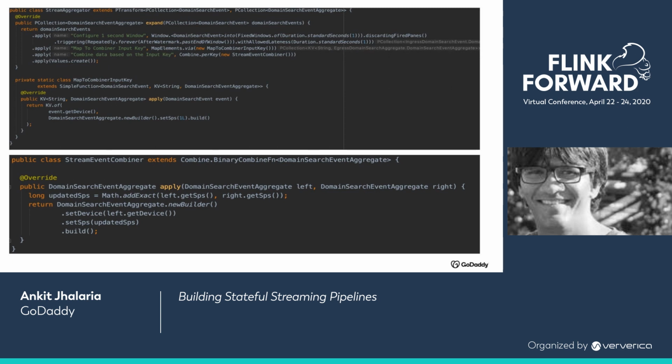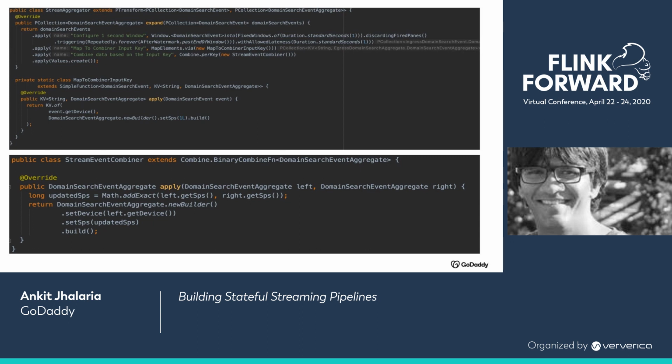Once you do a combine operation on Flink, you get an output saying how many searches are happening per second. That acts as a business metric for us to keep track of how many domain searches are happening per second, as an example, to figure out the health of the system. And this is just one example. We do a ton of other things with these pipelines to get us those business metrics.